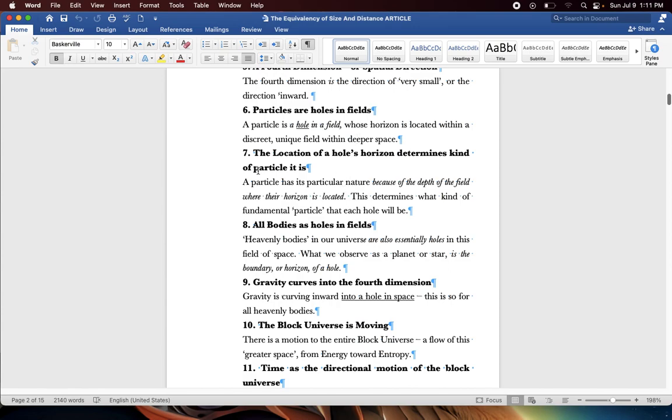But let's continue with the particles as holes in fields of space for now. The location of a hole's horizon determines the kind of particle it is. A particle has its particular nature because of the depth of the field where it is located.